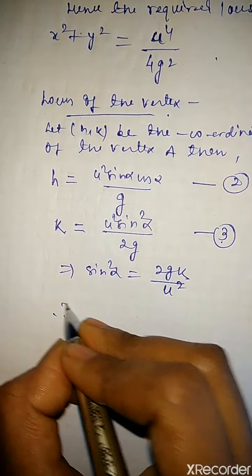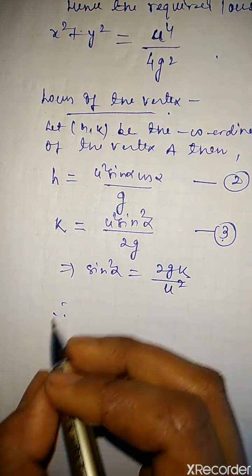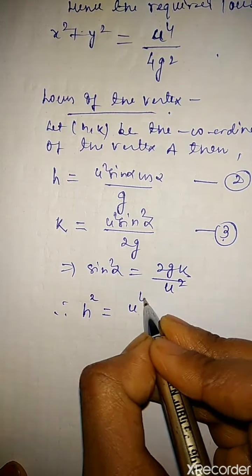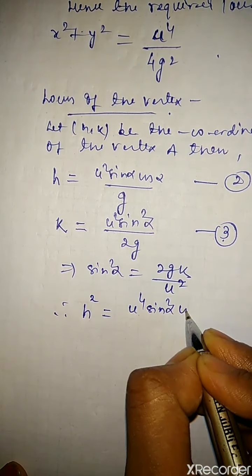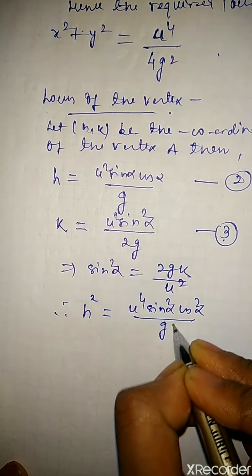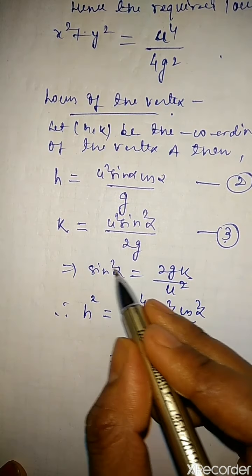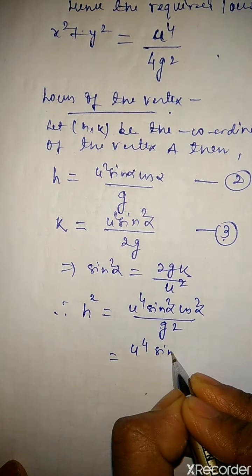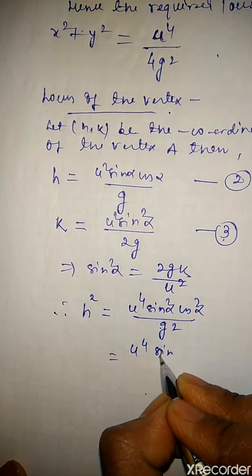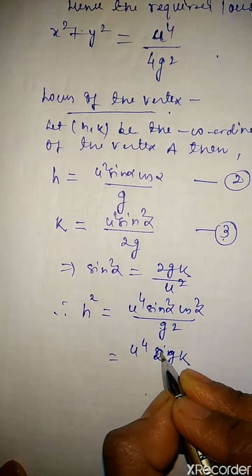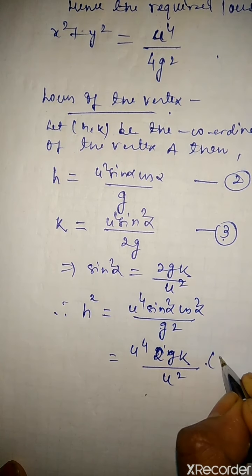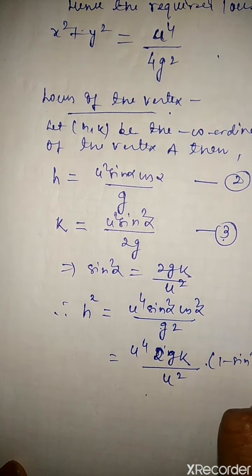Now we put this value in equation 2, so h square is u to the power 4 sin square alpha cos square alpha divided by g square. Now we put the value of sin square alpha, so we get u to the power 4 times 2gk divided by u square, and then 1 minus sin square alpha.